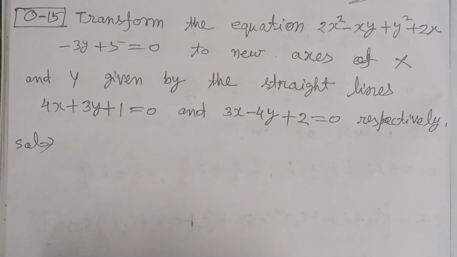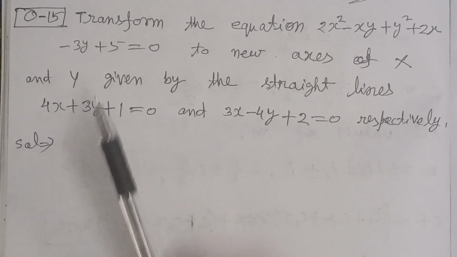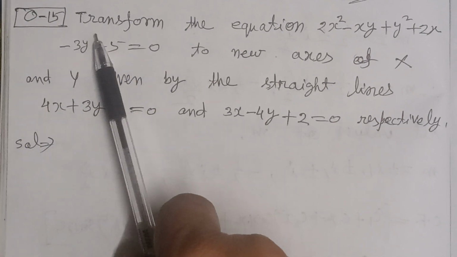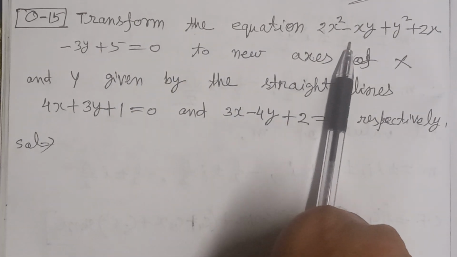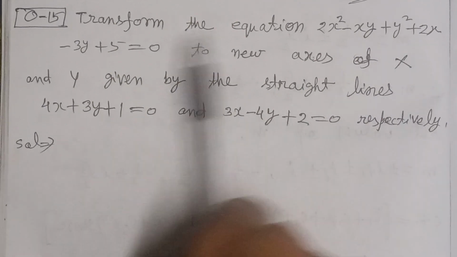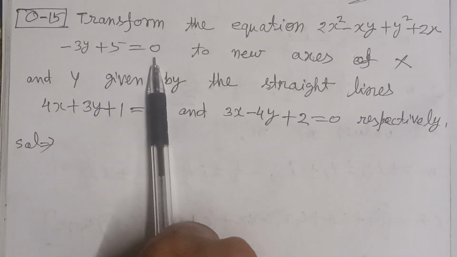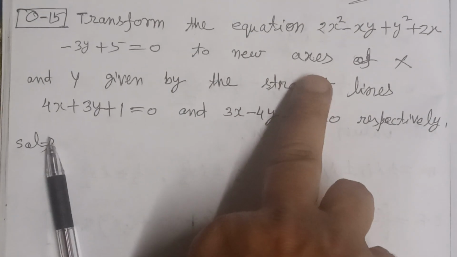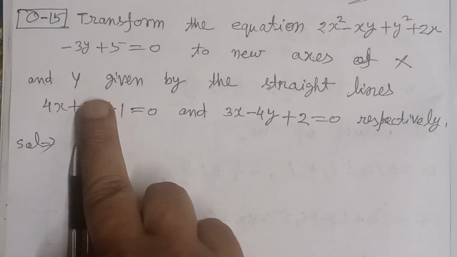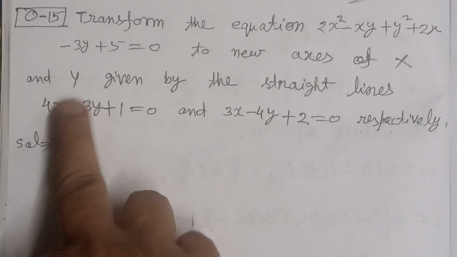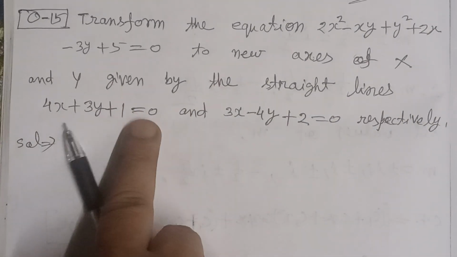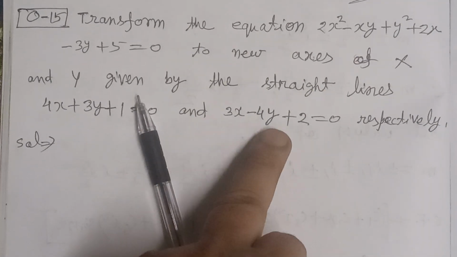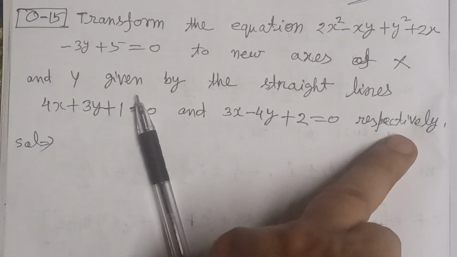This problem is related to analytic geometry or 2D geometry. Transform the equation 2x square minus xy plus y square plus 2x minus 3y plus 5 is equal to 0 to new axes of capital X and capital Y, given by the straight lines 4x plus 3y plus 1 is equal to 0 and 3x minus 4y plus 2 is equal to 0 respectively.